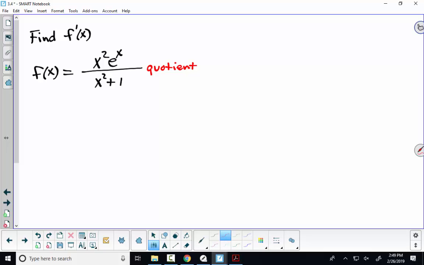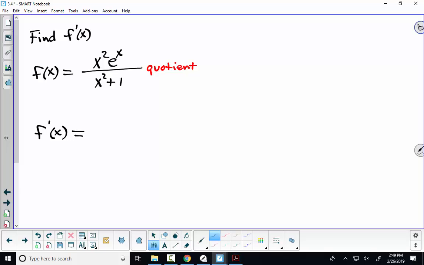So when we take the derivative initially, we have to use the quotient rule. Any other derivatives that show up in our formula, we can take off to the side and look at those. What are they? Are they products? Are they another quotient? Is it a power rule? So we're just going to apply the quotient rule initially.